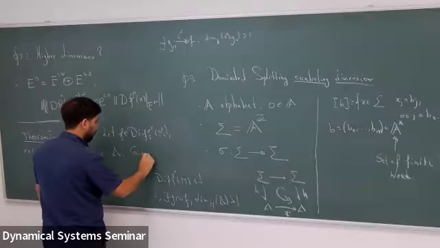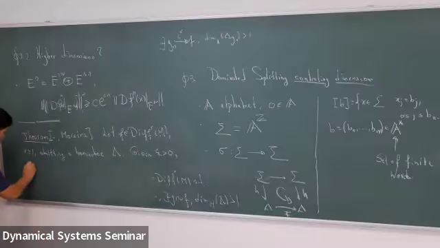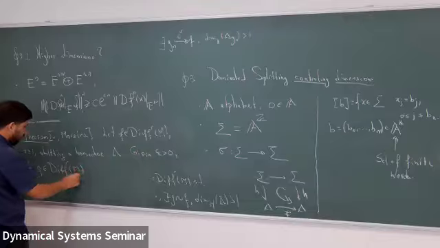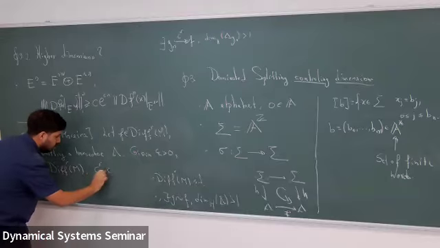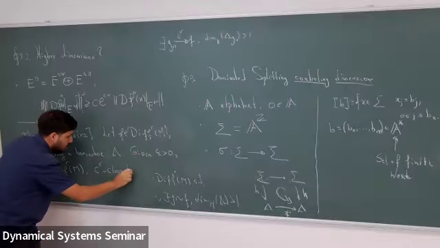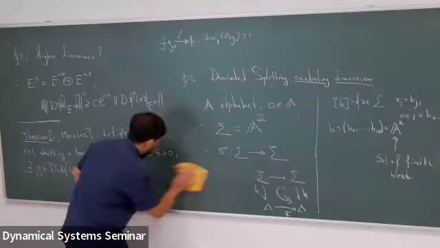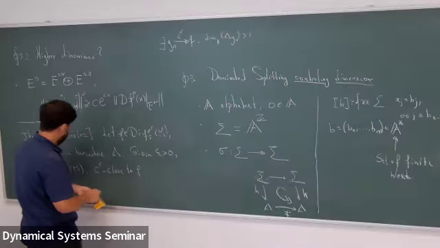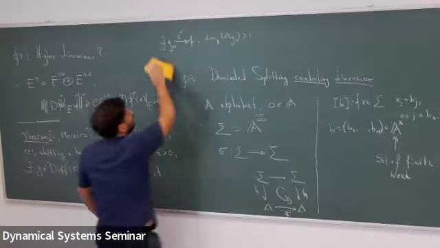Given an epsilon, there exists a diffeomorphism G, which is C^r close to F, such that two things happen.